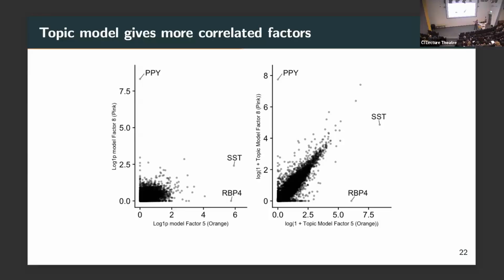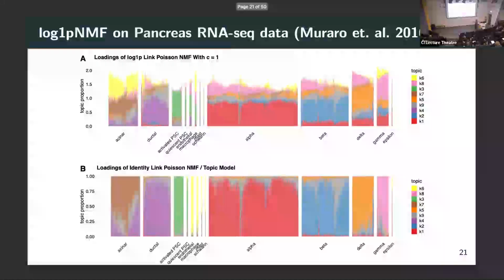They're non-negative, of course, but they're pretty uncorrelated. And you can see that the pink is really dominated by the PPY gene, and the orange is dominated by the SST and the RBP4 gene, although SST shows a bit of membership in both. And so this is maybe a little bit of what's going on here.